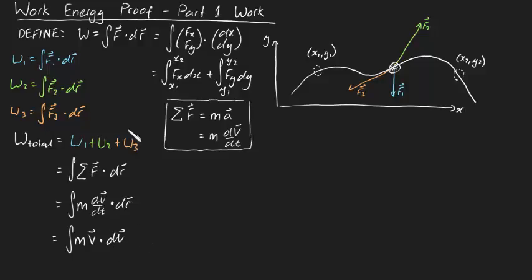Now, before I go further, let me quickly remind you what velocity is. So at some time t, let's say your particle's here, the velocity of your particle will always be tangential to its path. In this case, it'll look like this. This will be your velocity vector v, right? And v can always be written as vx in the x direction and vy in the y direction.